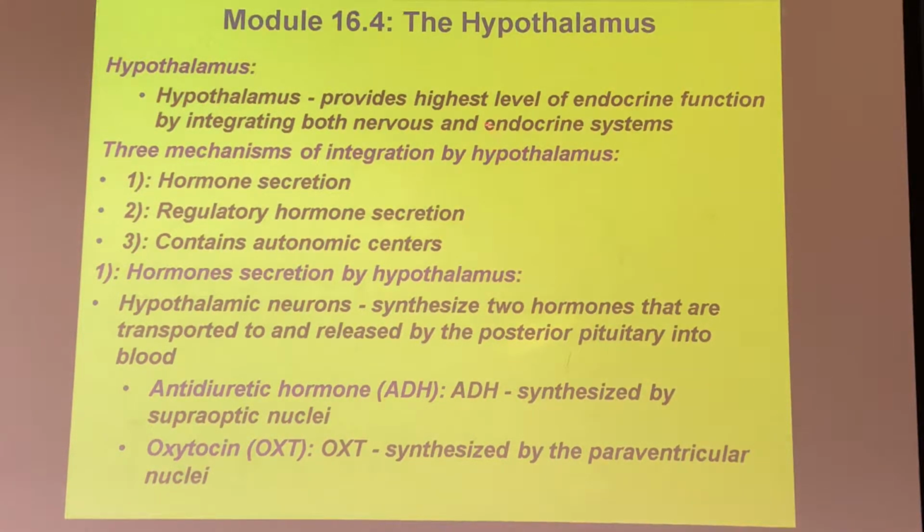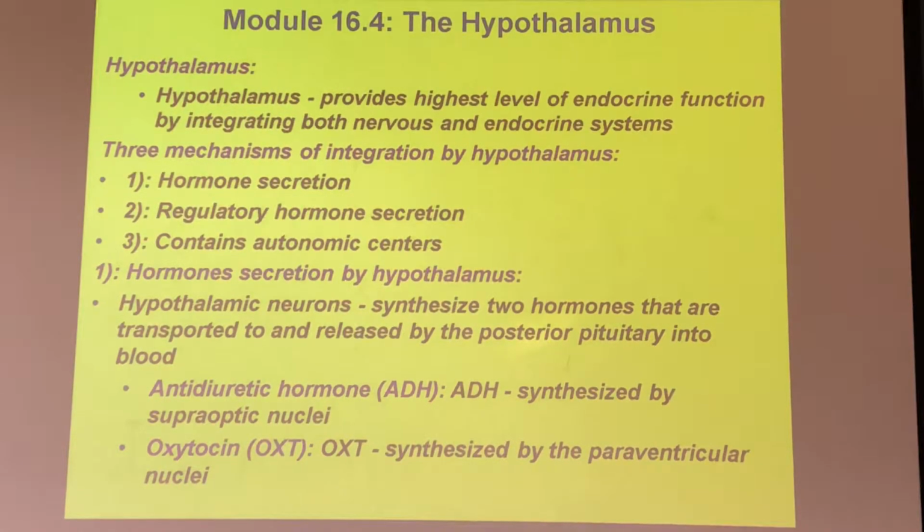It is the thermostat of the body and it is also involved with endocrine function, meaning releasing a lot of hormones. The mechanisms involved with the hypothalamus could be either hormone secretion or regulatory hormone secretion, meaning they regulate the secretion of other hormones.